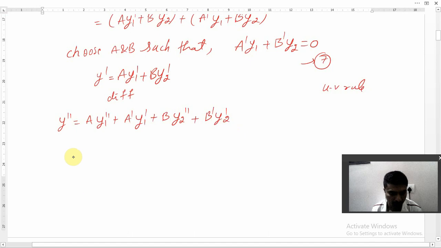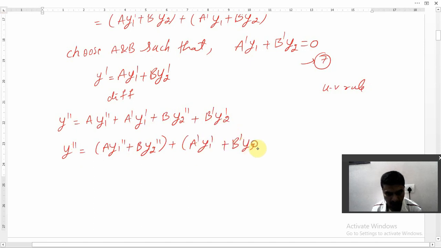Once again I will rearrange this: y double dash equals a y1 double dash plus b y2 double dash plus a dash y1 dash plus b dash y2 dash. This I will keep as equation number 8.